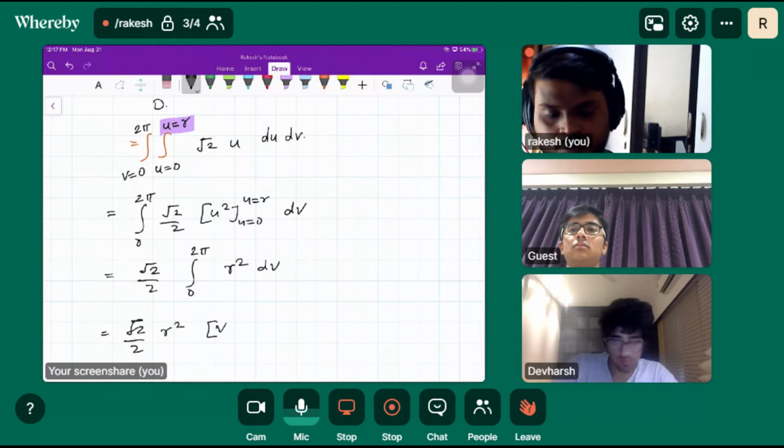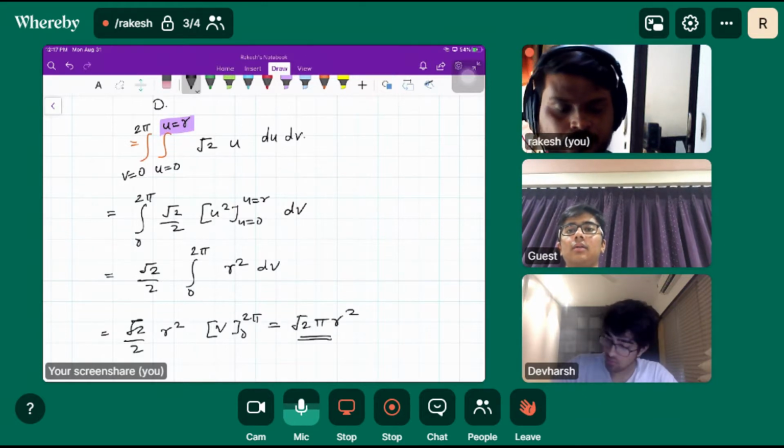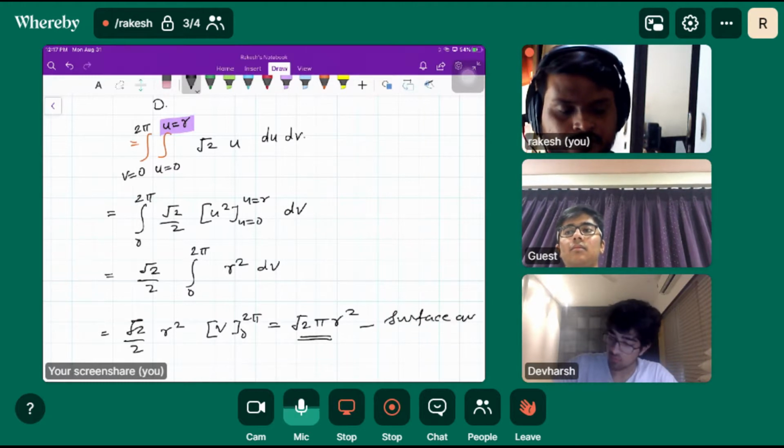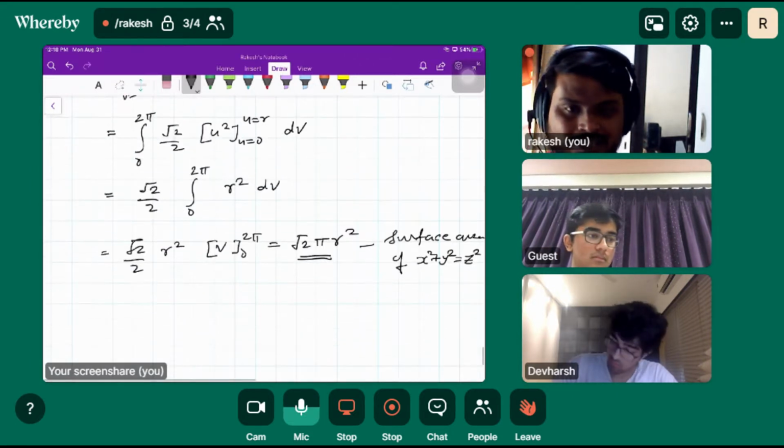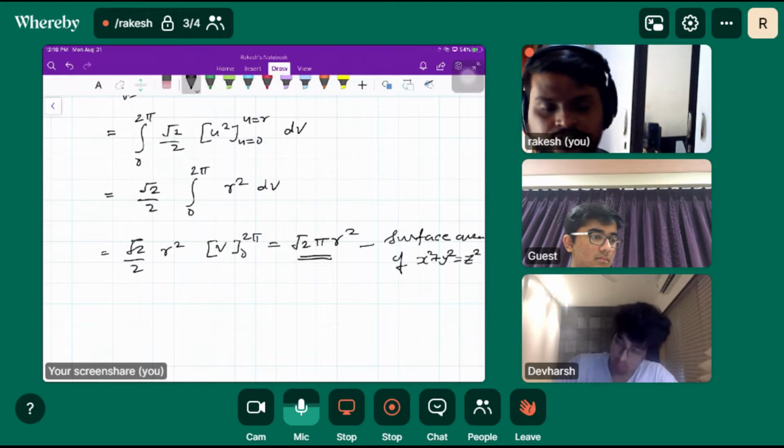So v from 0 to 2 pi gives root 2 pi r square. This is the surface area of x square plus y square is equal to z square. Okay, let's verify this.